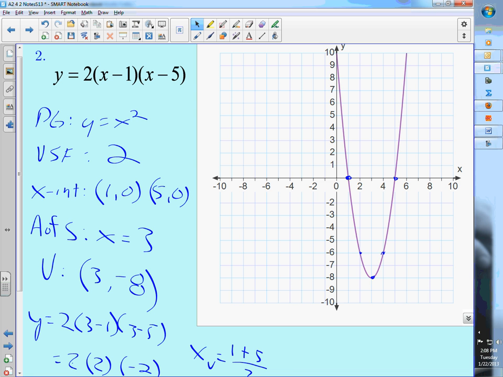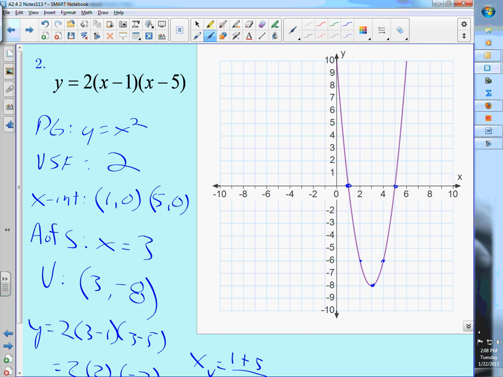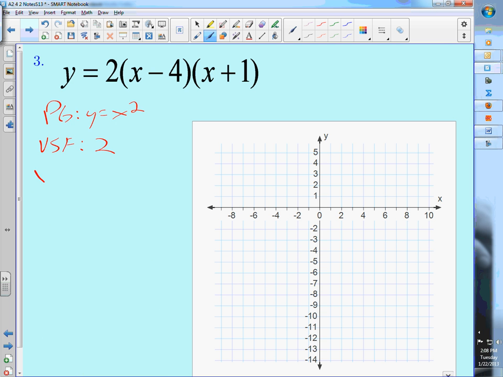Right? So this is intercept form. This is intercept form. We still are looking at a parabola, but this time you're going to have x-intercepts of 0 and negative 1.